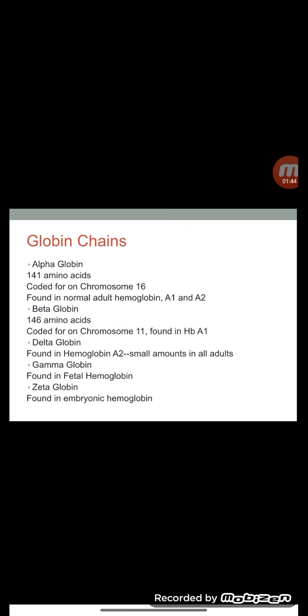It contains 146 amino acids, coded for on chromosome 11, found in HbA1. The next one is delta globin, found in hemoglobin A2, in small amounts in all adults. Next, gamma globin, found in fetal hemoglobin. Zeta globin, found in embryonic hemoglobin.